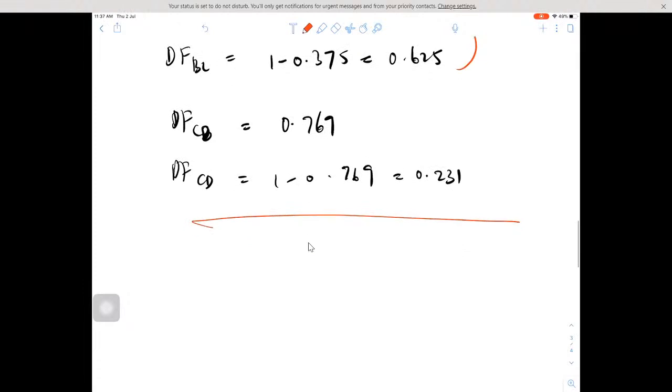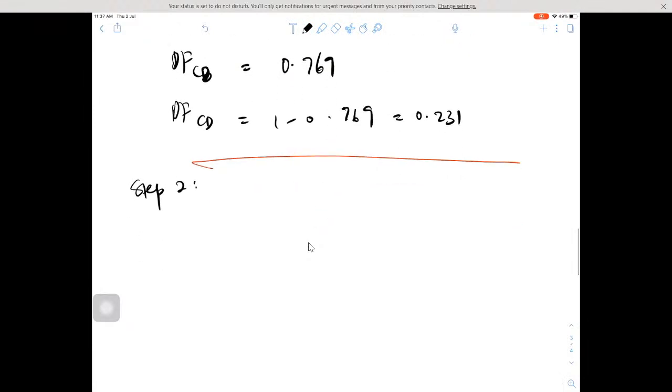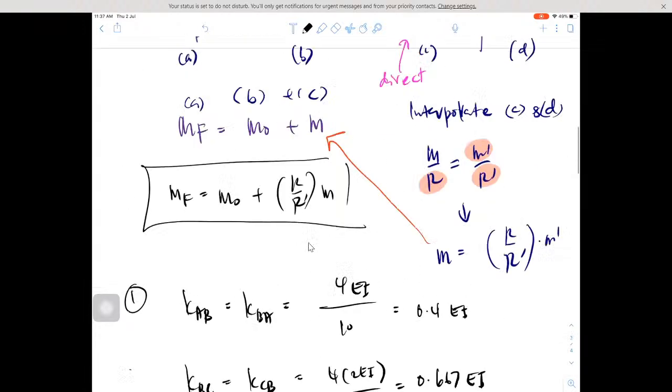Okay, so next is step number 2. Step 2A, we will calculate the fixed end moment for members AB and BC. The fixed end moment for BC is negative WL squared over 12.